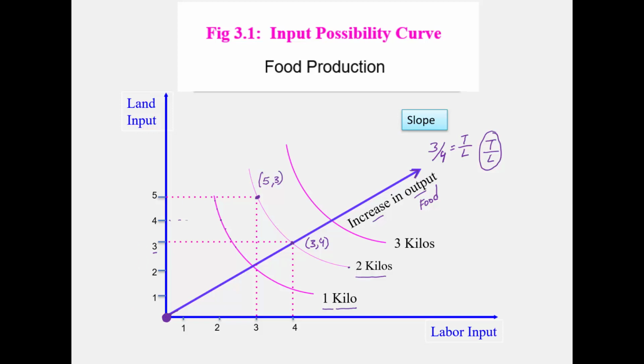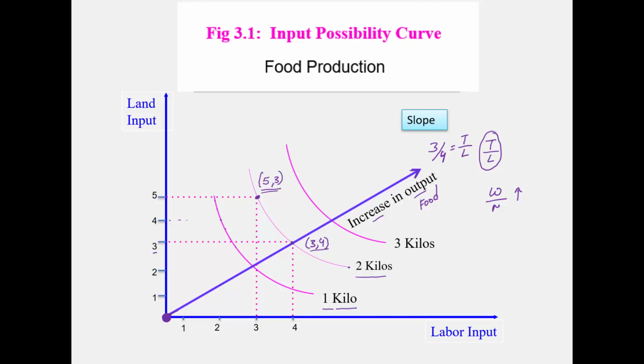Now, if there is a change in factor prices, let's say the wage by rental ratio increases, that means labor becomes relatively more expensive. In that case, the producers might want to substitute away from labor towards land.